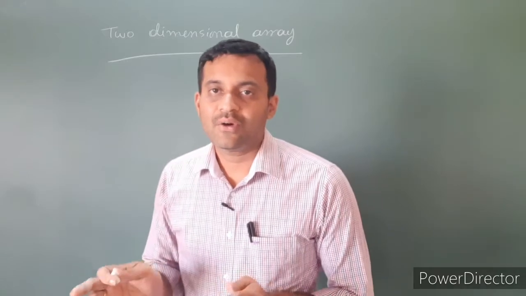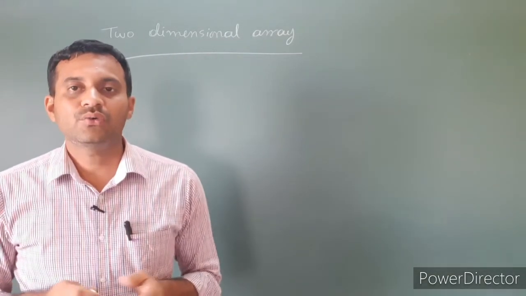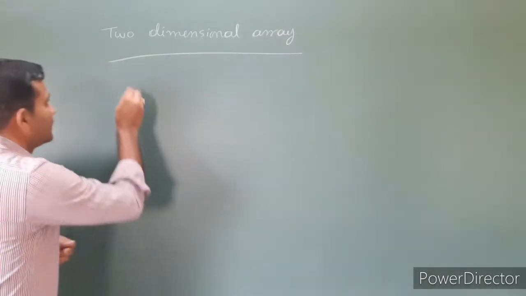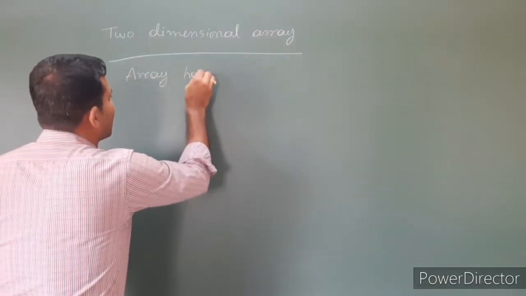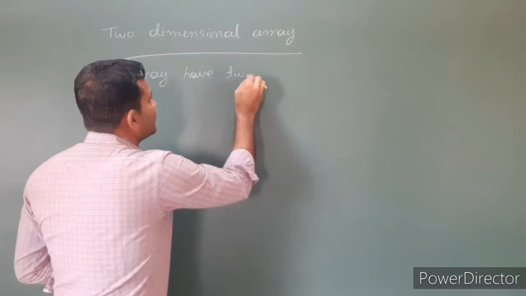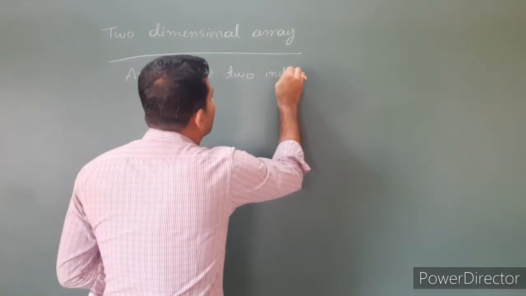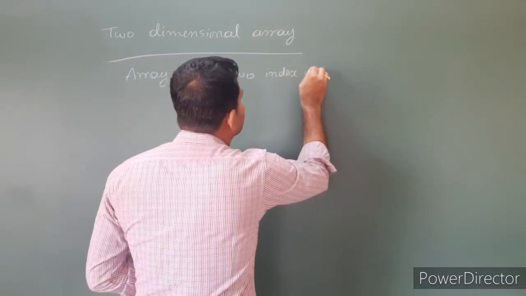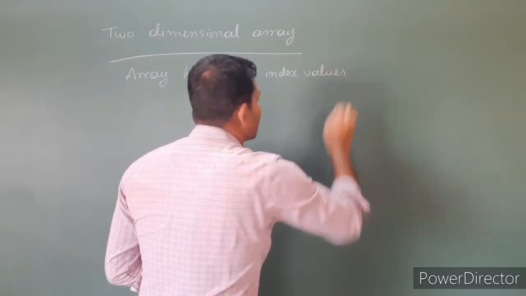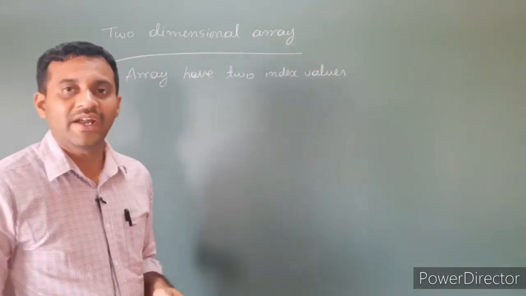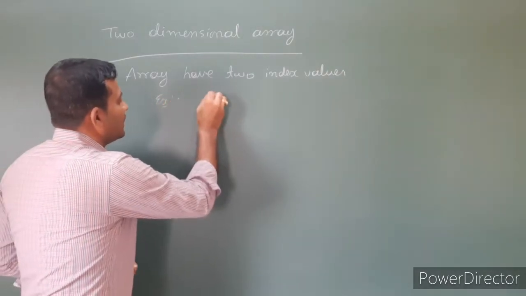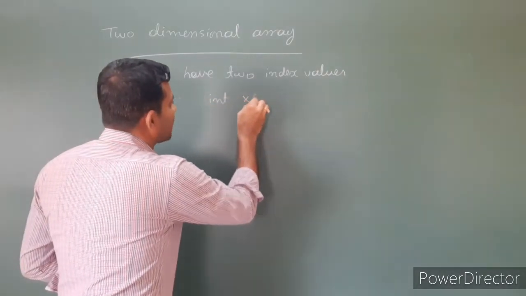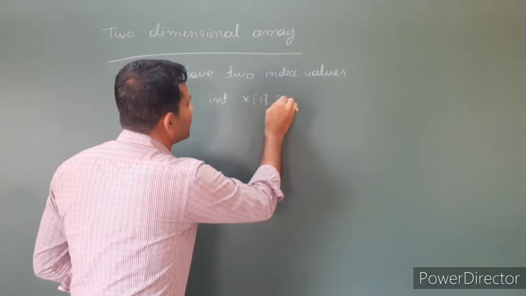An array that has two index values is called a two-dimensional array. For example, integer x of 2, 2.